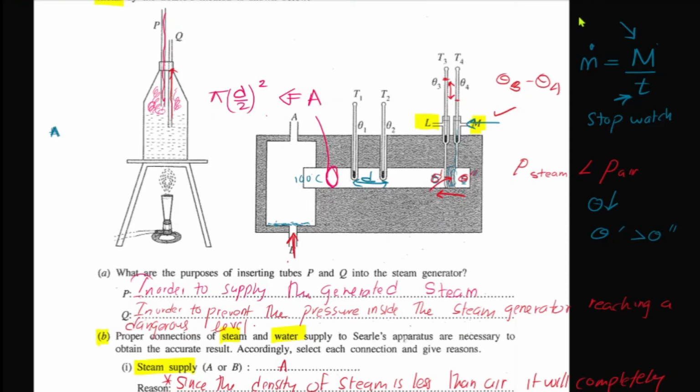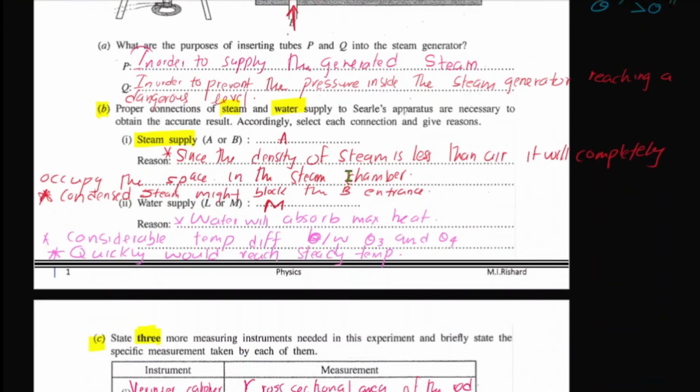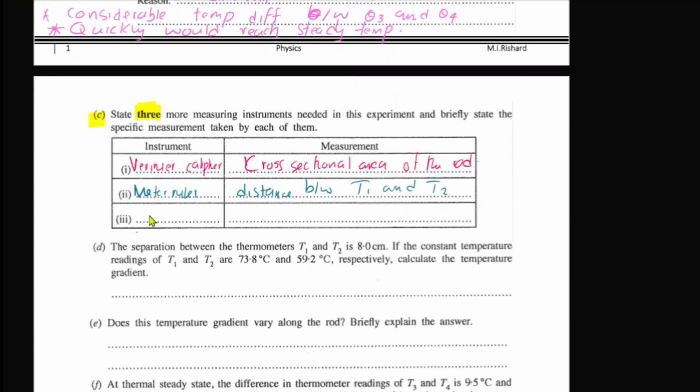You can't simply write it as balance, guys. Make sure to mention a balance which is used in your school laboratories. In your school laboratories, you might have electronic balances, triple beam balances, chemical balances. Out of these three, you can mention either one of them. So we can mention a stopwatch, the reason being to measure the time of water collected.